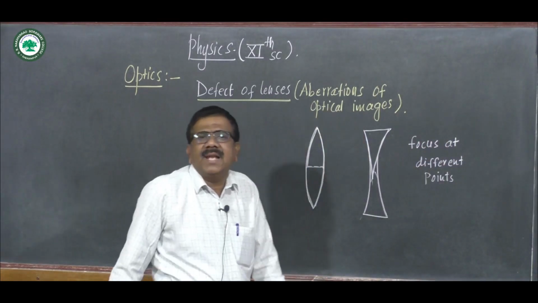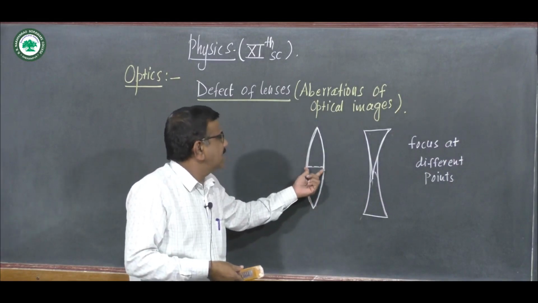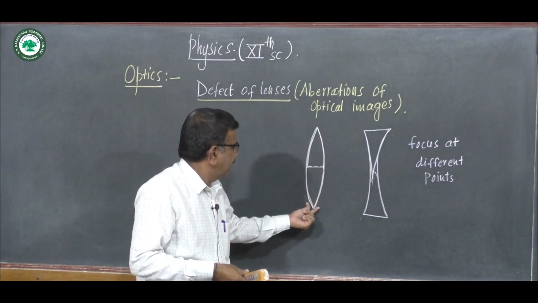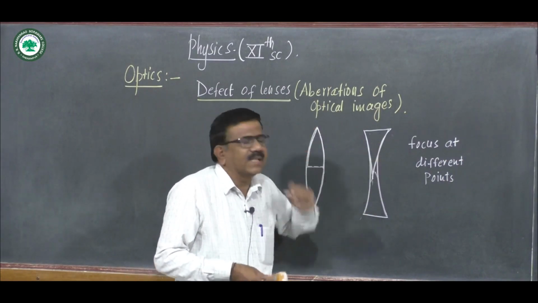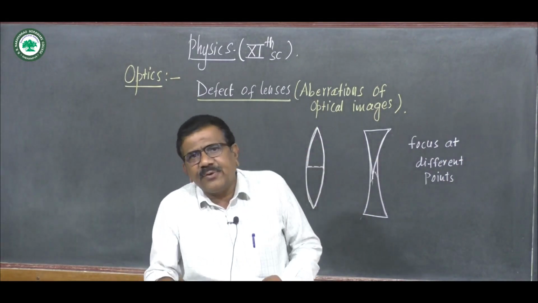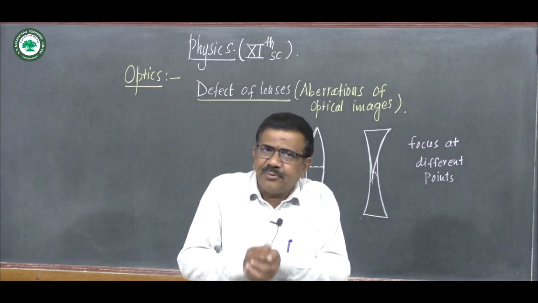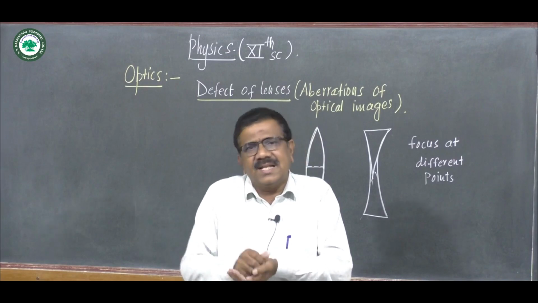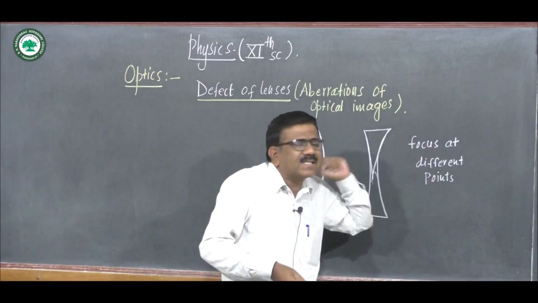If polychromatic light is passed through the lens, this is the same as two prisms with the bases or vertices joined together, and the refractive index of that material is different for different colors, so they come to focus at different points.